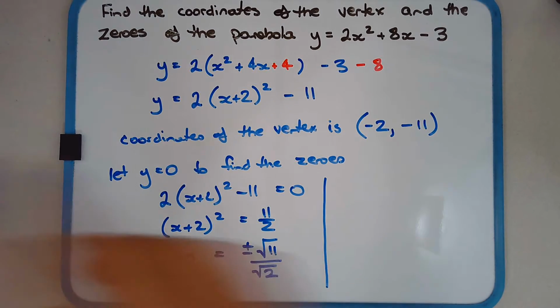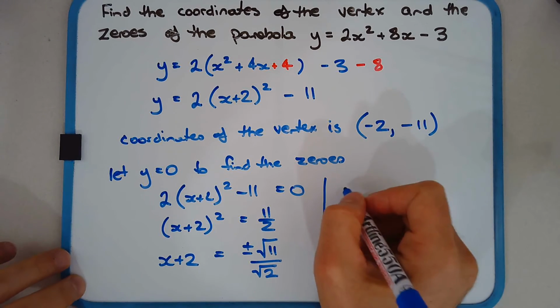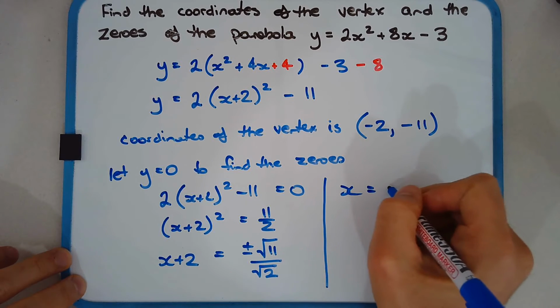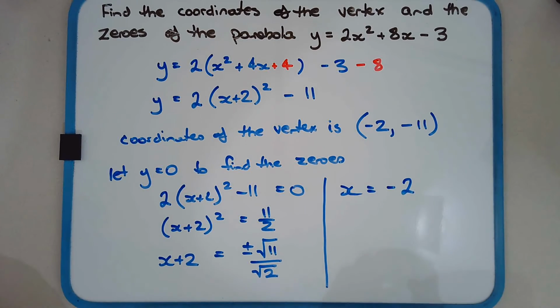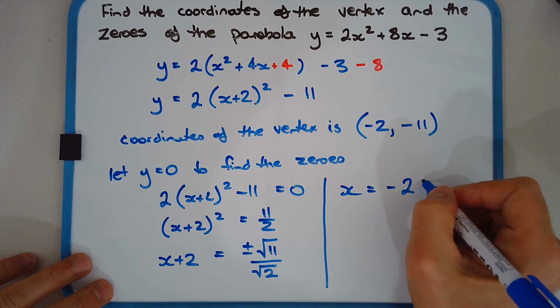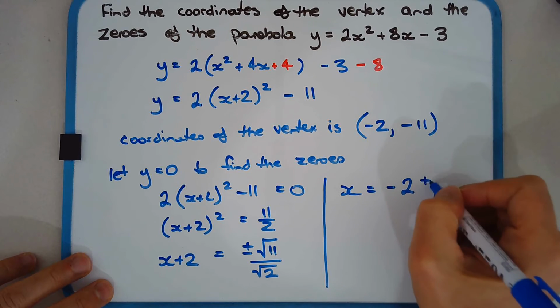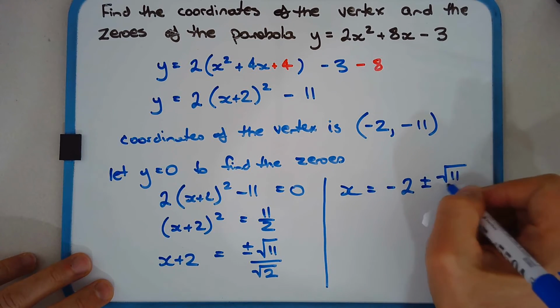Finally, subtract 2 from both sides. So x is equal to negative 2 plus or minus root 11 over root 2.